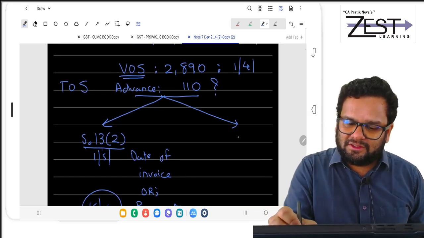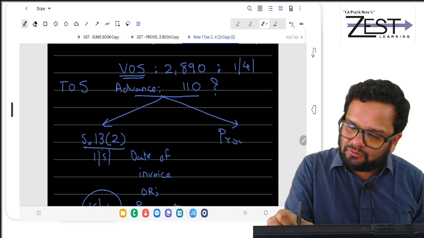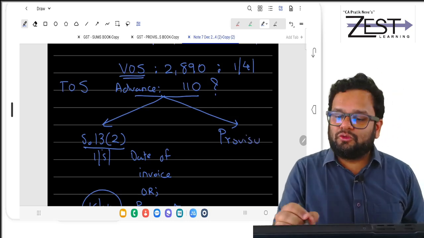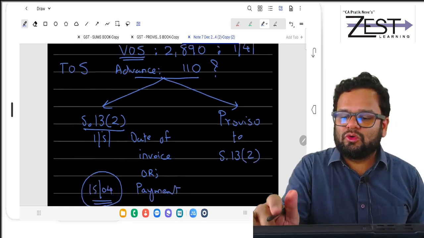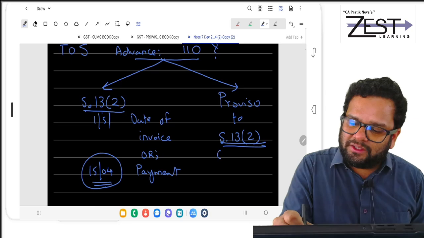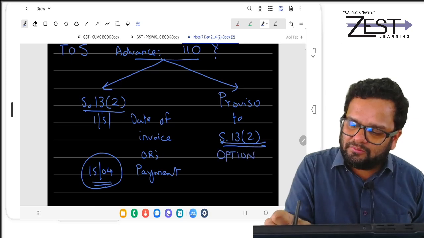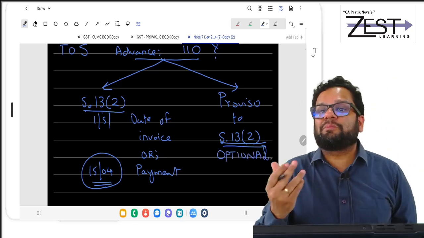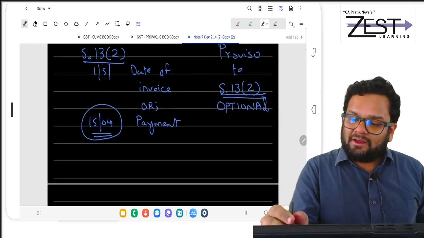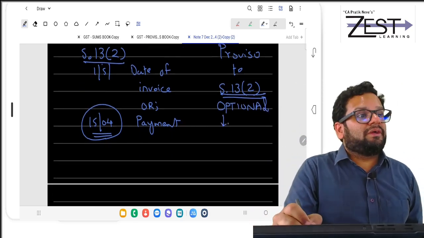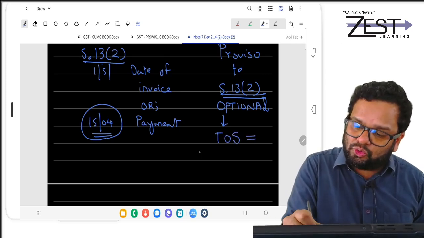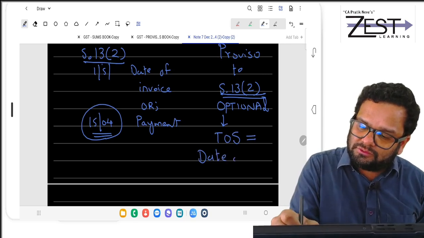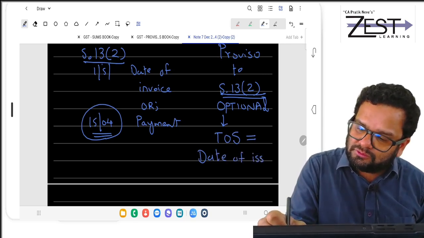Government says follow what? Follow proviso to section 13(2). Is following this compulsory or optional? Following this is optional. Government says in this case, time of supply will be equal to the date of issue of what?